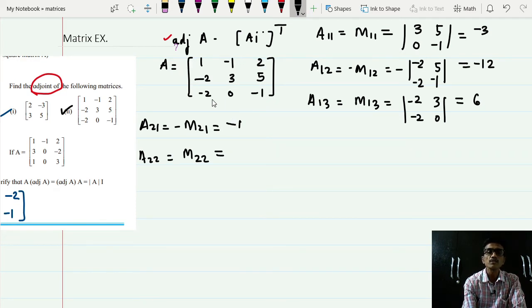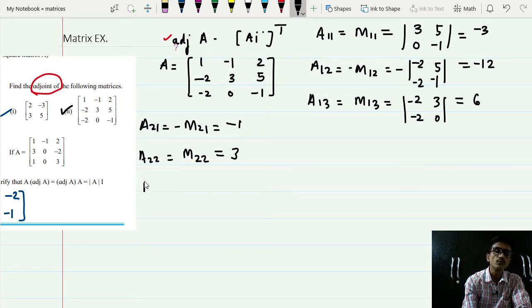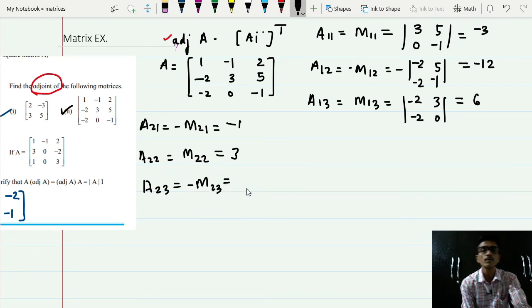So 1 into -1 minus of minus, +4 and this 3. Expansion will be here -1 and +4, 3. A23 is equal to minus of M23 and it is equal to, delete the elements of second row और third column. ये एलिमेंट्स है 1, -1, -2, 0. तो यहाँ पे आएगा 2.